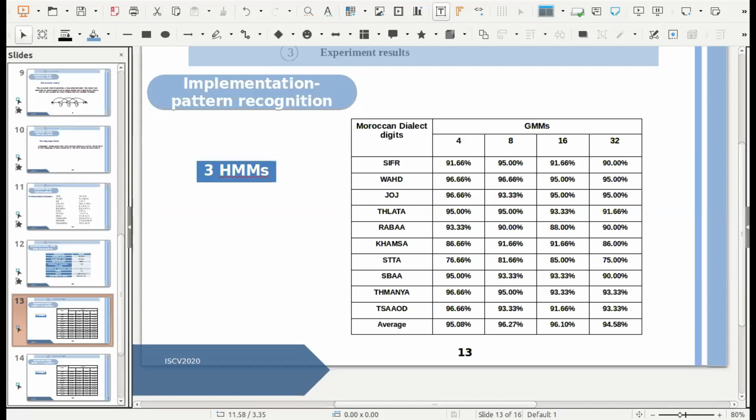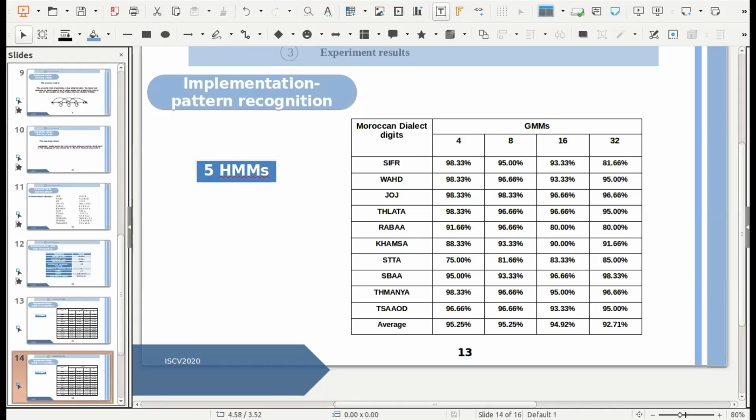So we observe that each GMM gives the best rates when we use 3 HMM. When we use 5 HMM, the best results were found with 4 and 8 GMMs.